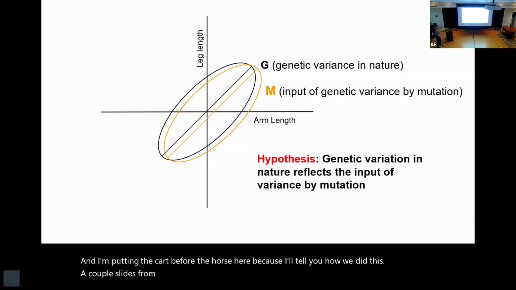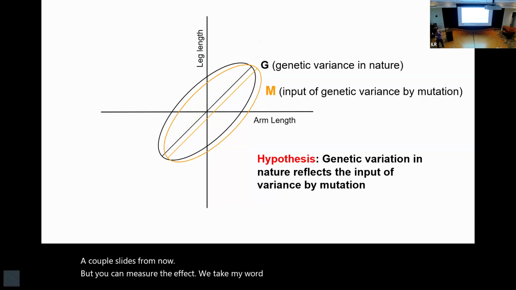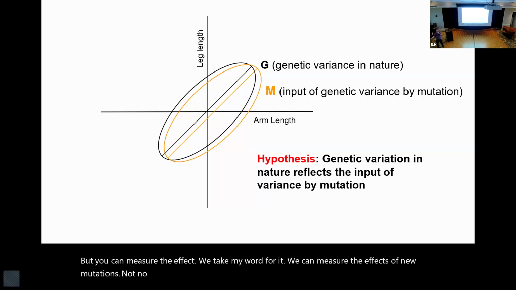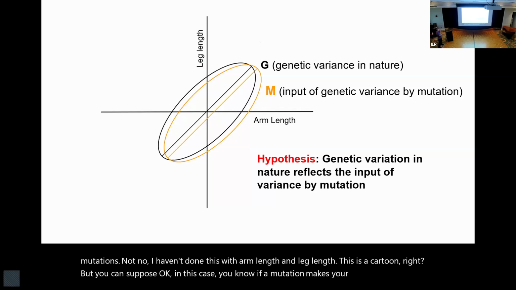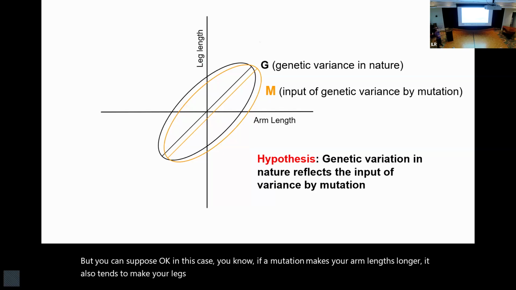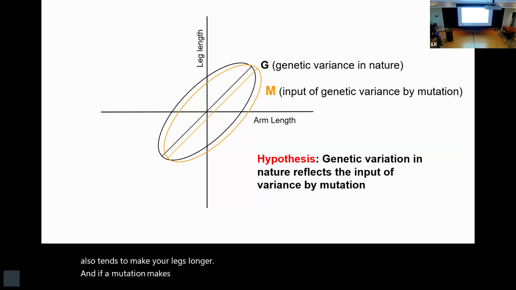But take my word for it, we can measure the effects of new mutations. Now, I haven't done this with arm length and leg length. This is a cartoon. But suppose that if a mutation makes your arms longer, it also tends to make your legs longer, and if a mutation makes your arms shorter, it tends to make your legs shorter.